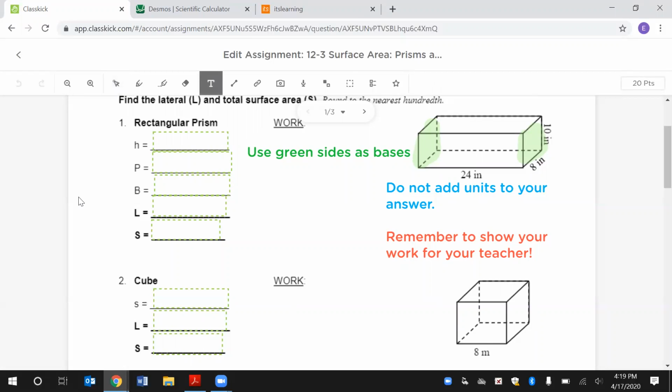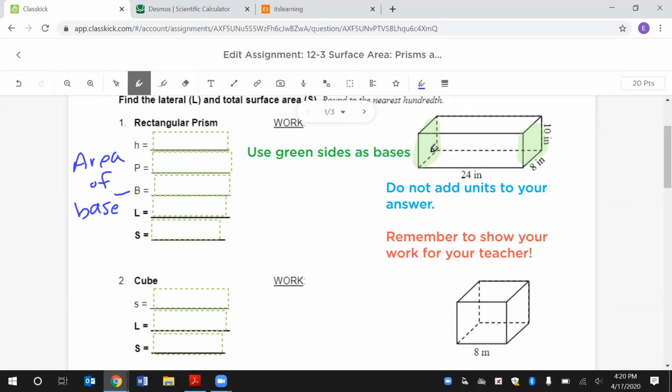A lot of students always get this confused because they think that B is the base, but it's not. B is area of the base. So it's very important that you remember that. This B right here stands for area of the base, not base, area of the base.